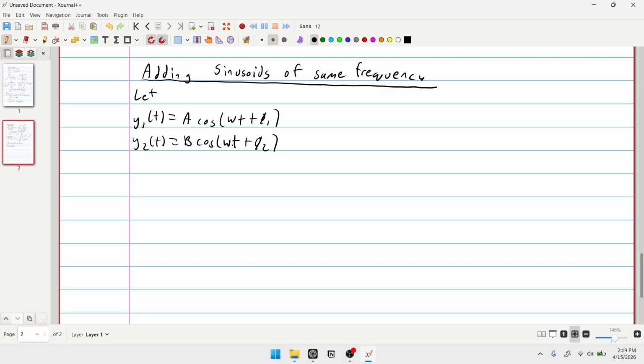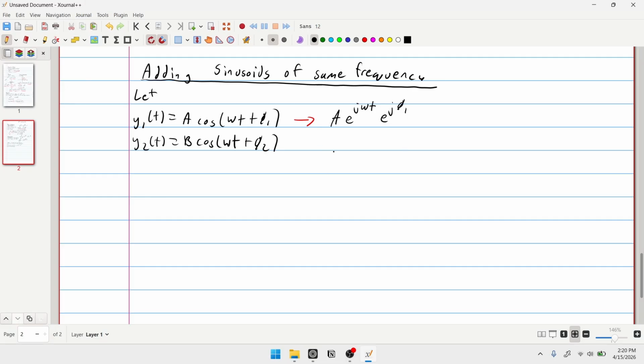So let's turn these into their phasor or exponential forms. Here we have A times e^(jωt) times e^(jφ1).